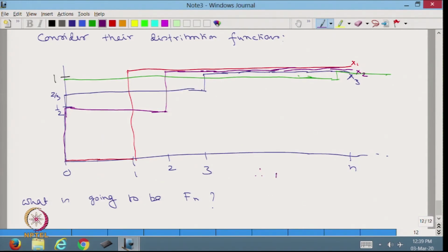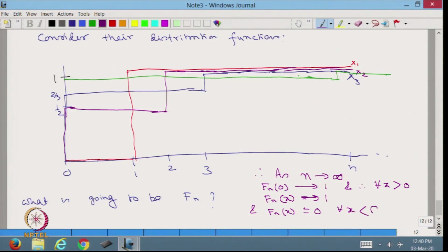Therefore, as n goes to infinity, Fn at 0 is converging to 1, and therefore, for all x greater than 0, Fn(x) is going to be converging to 1, and Fn(x) is 0 for all x less than 0.